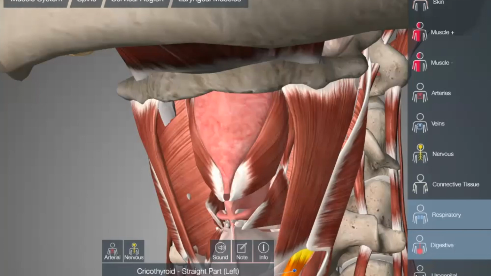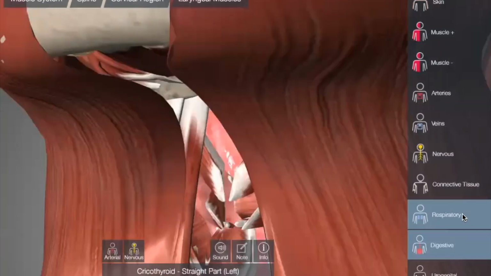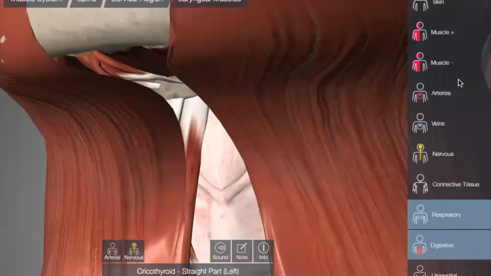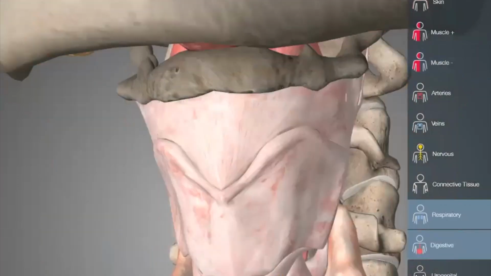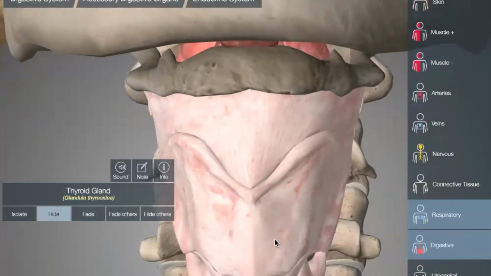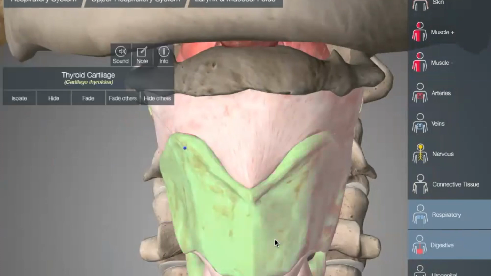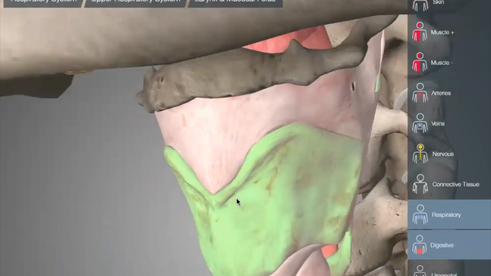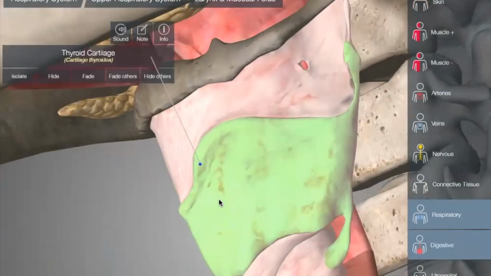Okay. The next thing we have to discuss, I've touched upon them, but they're the cartilages. Okay? You know them now, but it's good to come back to it. I'm going to remove some muscles. Remove this. The cartilages, first, thyroid cartilage. The thyroid cartilage, and if you see on males' necks, sometimes, it's referred to, the Adam's apple.